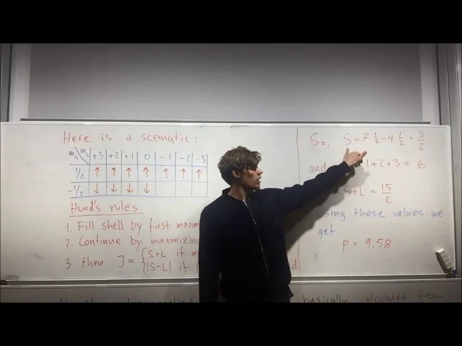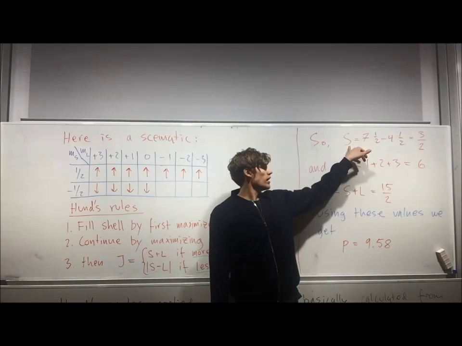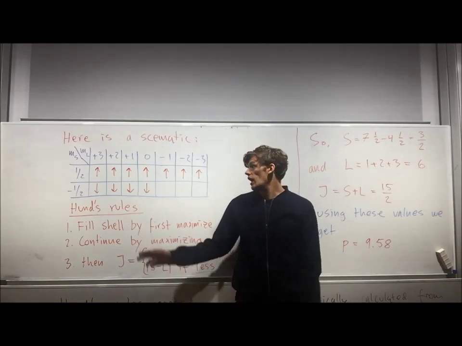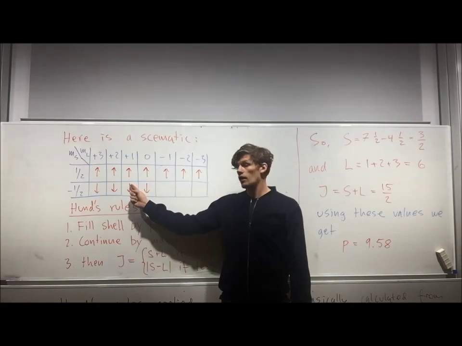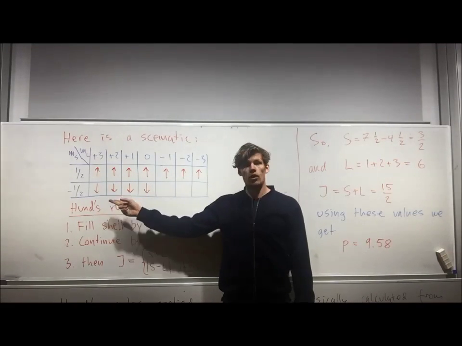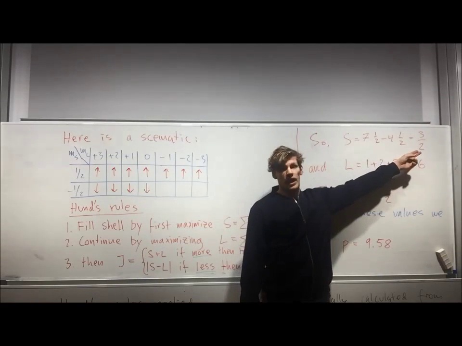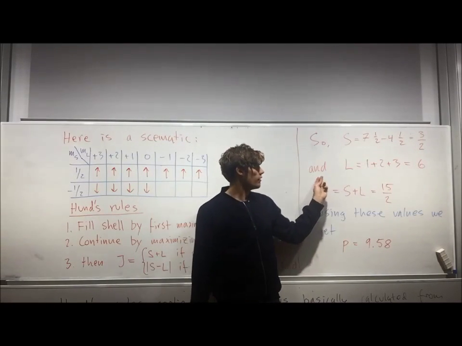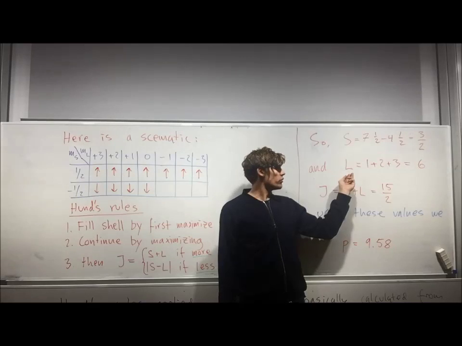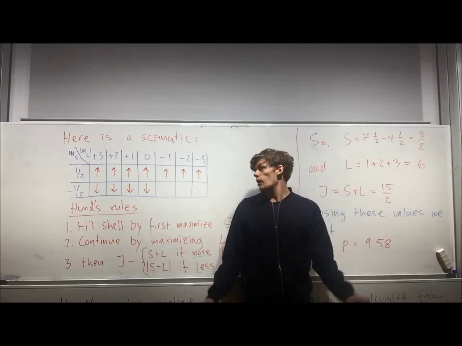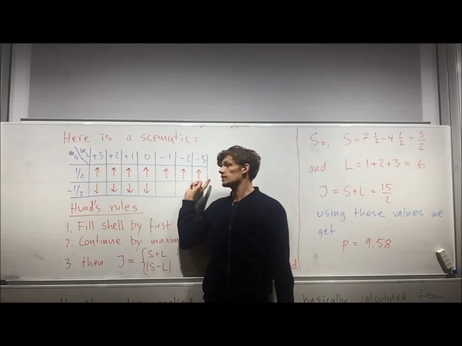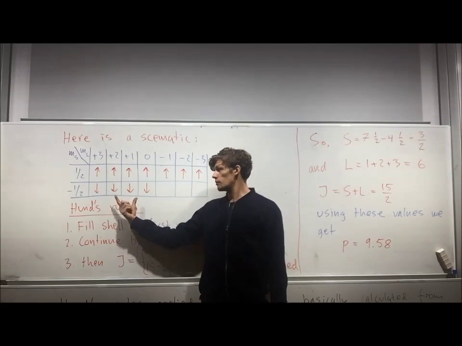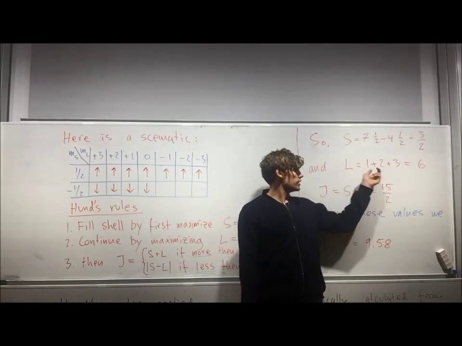So the total spin angular momentum is 7 times a half, minus 4 times a half, which is 3 halves. For the total orbital angular momentum, we just sum up these ones because these cancel out, and that gives us 6.